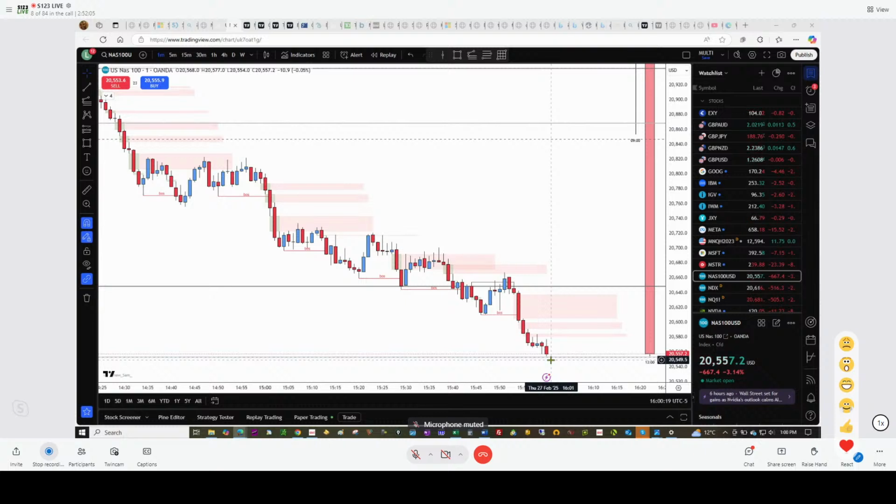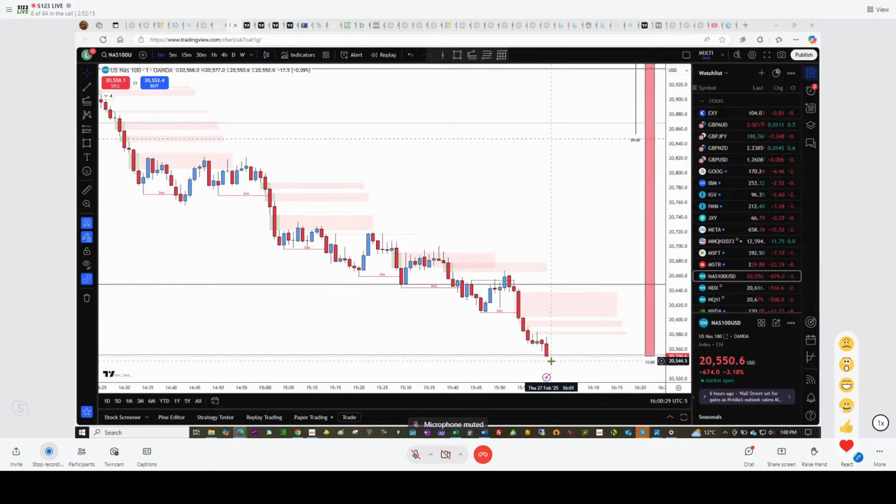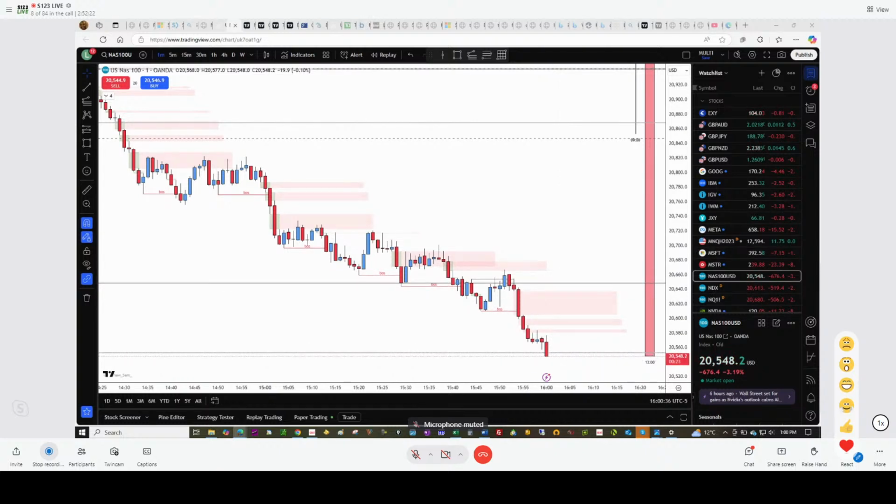They've touched it. Percentage-wise, the NAS is down 2.8%. The S&P is down 1.61%, and the Dow is down 0.5%.